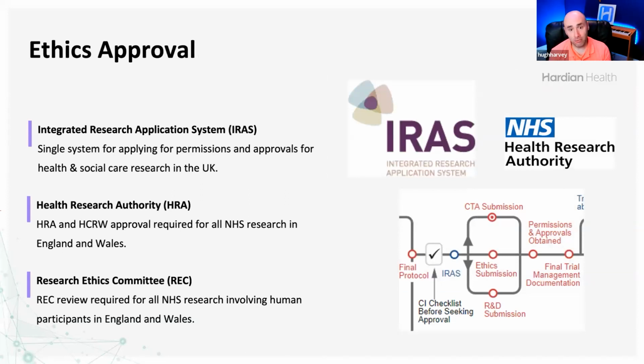There are many different RECs around the country, different NHS trusts or consortium of trusts have RECs, and RECs can be specialists in different clinical areas. So you might have a REC for cancer, you might have a REC for cardiology, and you can even have subspeciality RECs. So there might be an AI REC for your particular clinical condition. So the HRA can point you to the relevant research ethics committee as well.